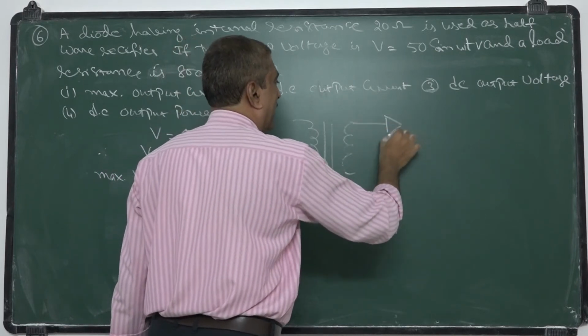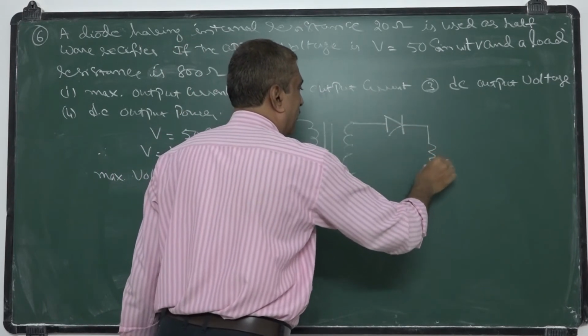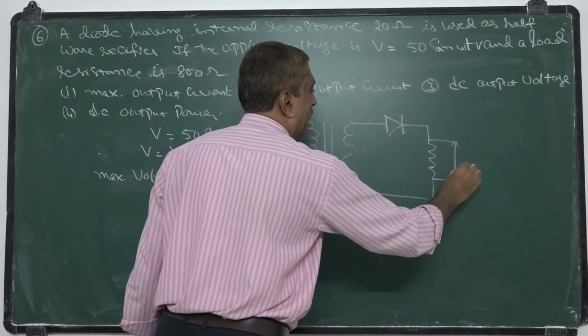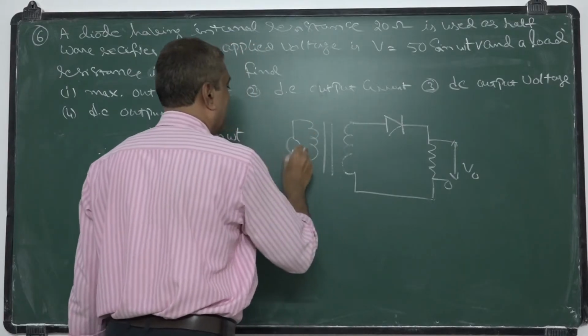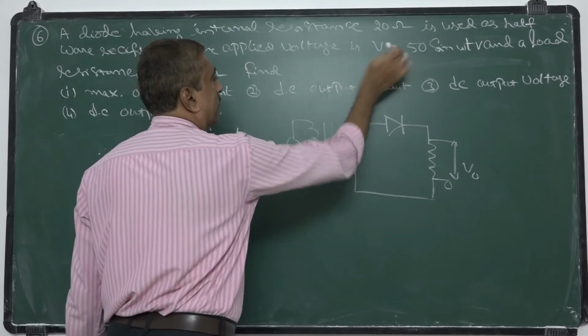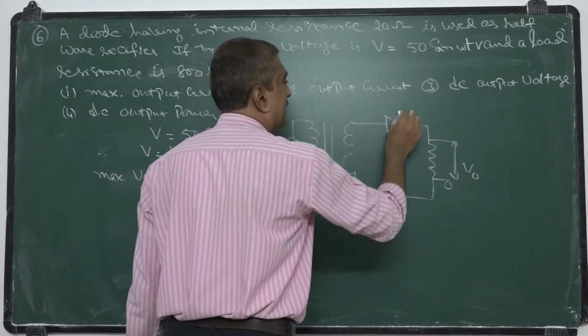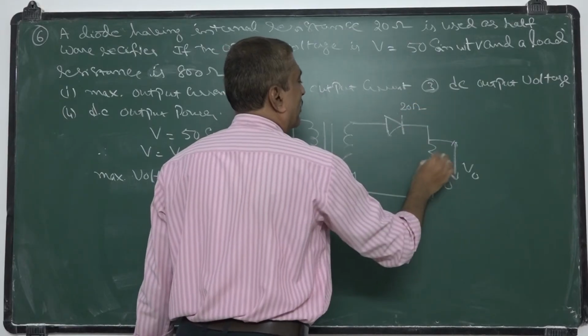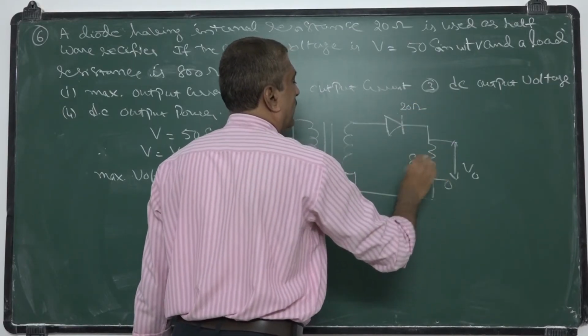In the secondary we connect the diode and the output is taken across it like this. So V input is given as this one. This particular diode has a resistance of 20 ohm and this load resistance is 800 ohm.